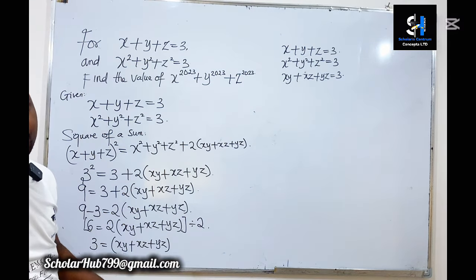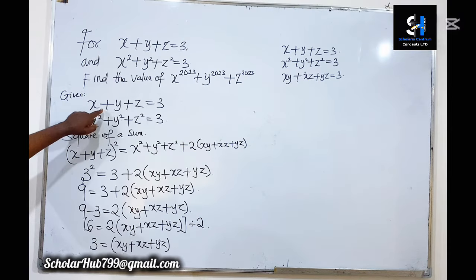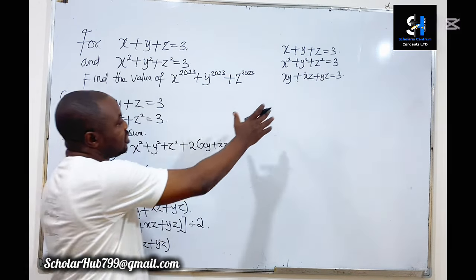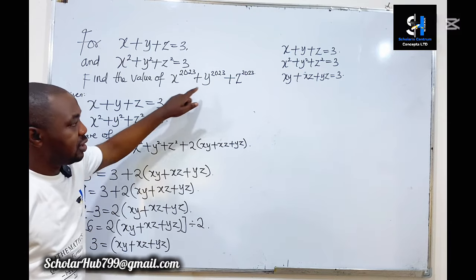These are the 3 equations we have after we substituted the values of x plus y plus z and x squared plus y squared plus z squared into this identity. Now we want to find the value of the original expression.